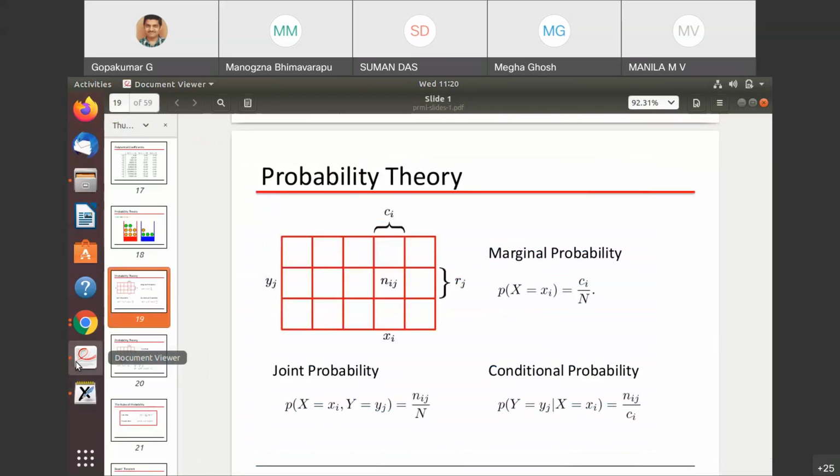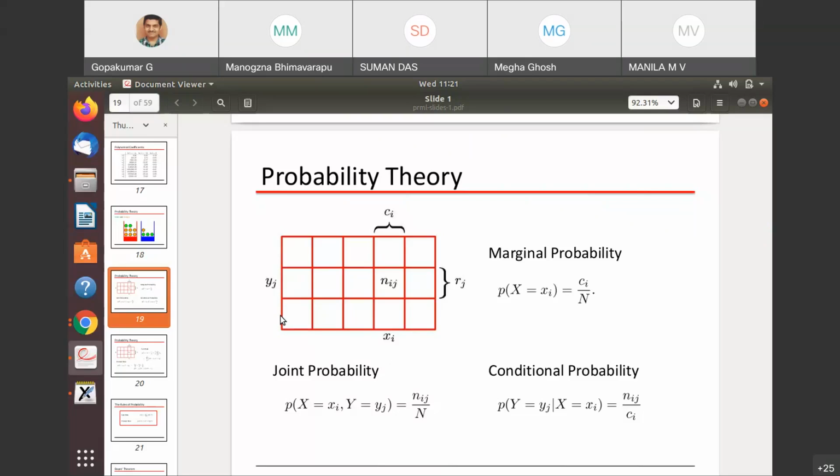Along the horizontal direction we have xi, the individual values of x, and along the vertical direction we have yj, the individual discrete values of the random variable y. Here m is equal to 5 because x takes 5 different values and y takes 3 different values, so L is equal to 3 in this particular example.